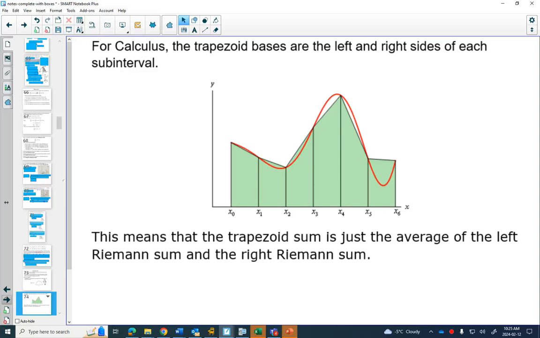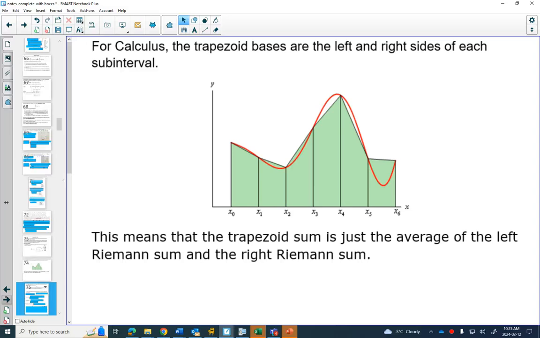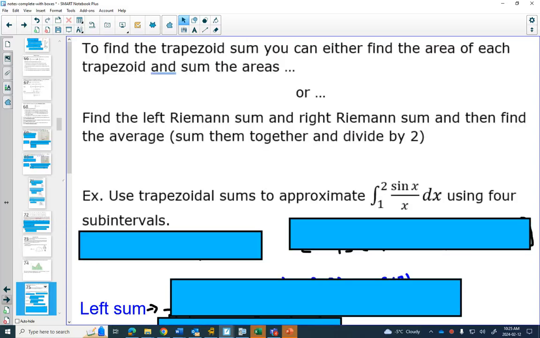Because the left Riemann sum always uses the upper point, the right one does it from the right side. In this case, it would be a lower rectangle. So if a question asks you to find a trapezoid sum, you have two options. You can either do each trapezoid, or you could do the left Riemann sum and the right Riemann sum and find the average.